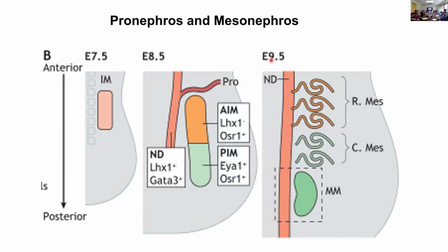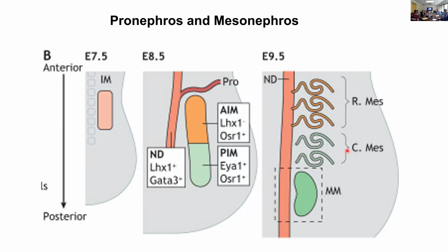Later on, in mouse, around E9.5, you will also start to see mesonephros. In mouse, we will see about 18 mesonephric tubules in total. The interesting thing is that the rostral 4 to 6, roughly, are connected to the nephric duct, just like in the kidneys where all the nephrons are connected.